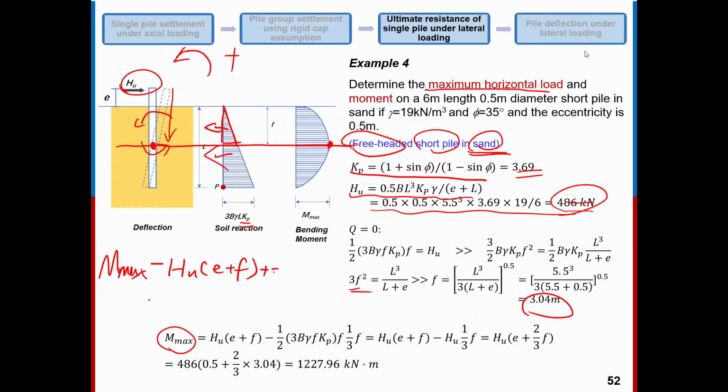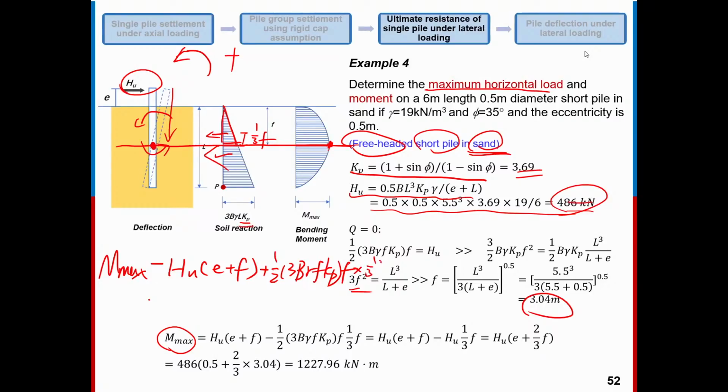Area is equal to this one, then F. Then multiply the level arm. The distance here is 1/3 F, right?